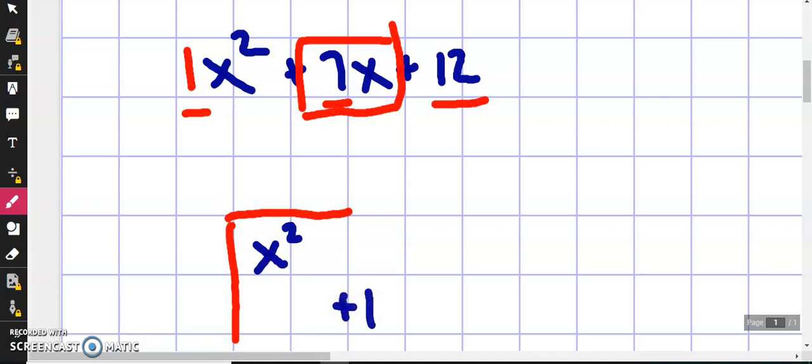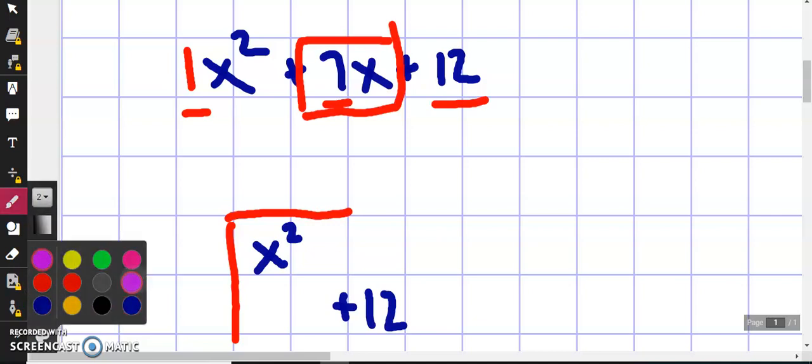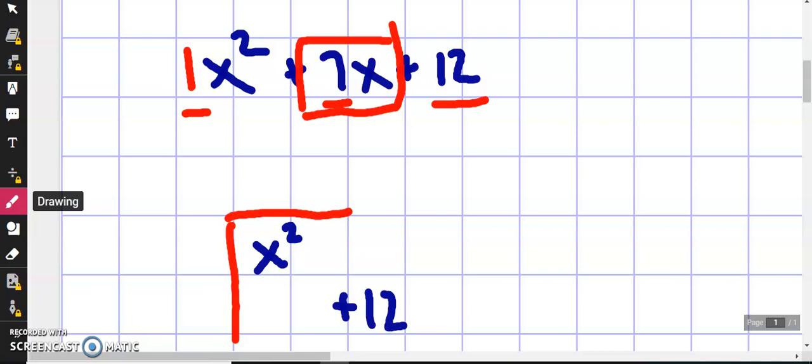I know that plus 12 is where I end. And I know that that plus 7x might actually be 2 other numbers combined. So to try to figure out what numbers go in the missing spots, I know that whatever I put here and here have to multiply to make 12.